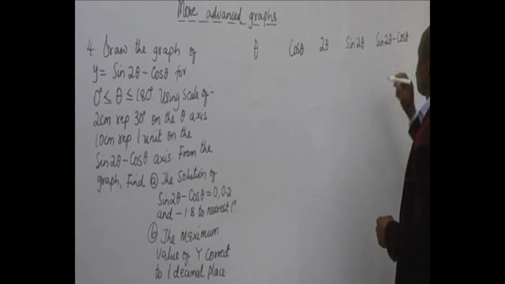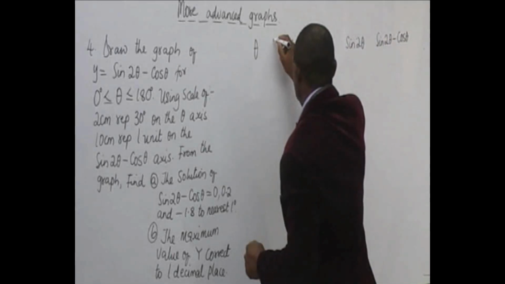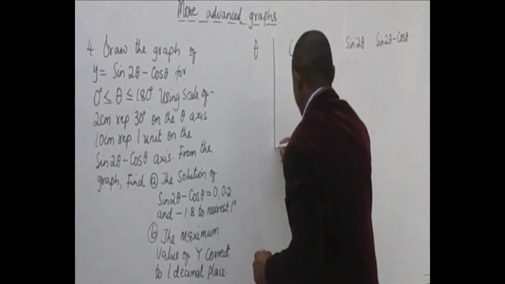So these are the 1, 2, 3, 4, 5 columns that we are going to have. So I'm going to divide it.